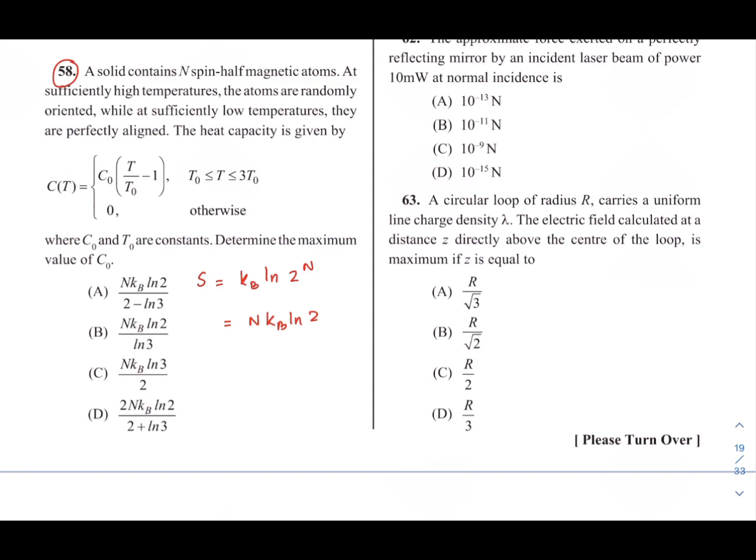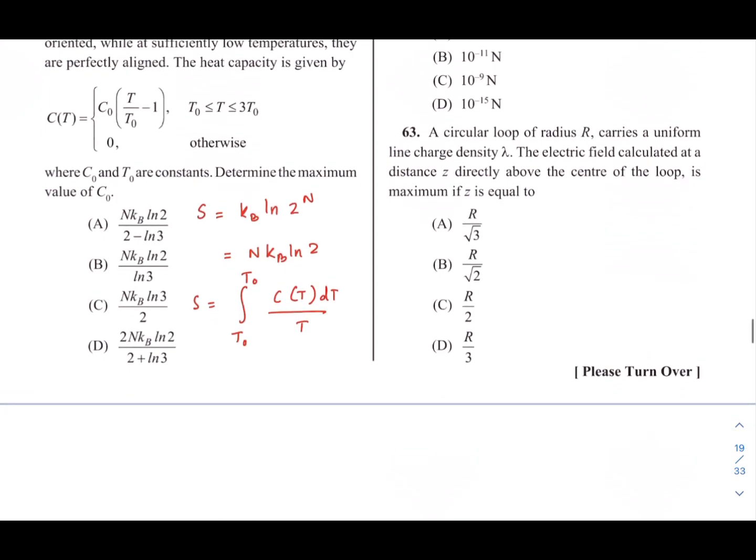On the other hand, we can calculate entropy using the following formula. So let us now calculate this integral. So we have S is equal to the integral over T0 to 3 T0 of C0 times 1 by T0 minus 1 by T dT, and this is equal to C0 times T by T0 minus log of T, and we have to calculate from T0 to 3 T0.